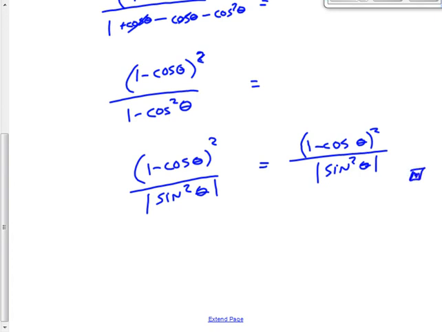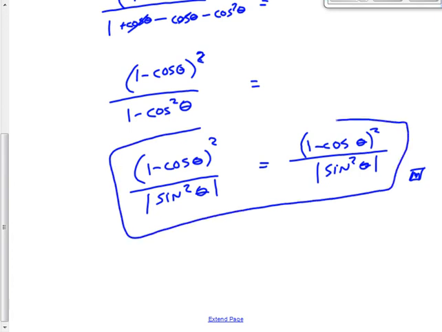I went through and changed the right-hand side, and I know that I've told you not to change the right-hand side, but if you need to change the right-hand side to make those two things equal to each other, then that's fine. You can do it. It's just something that you may want to attempt to avoid doing.